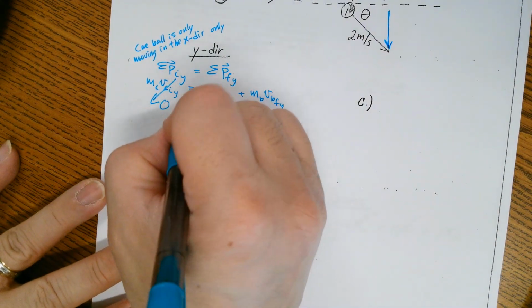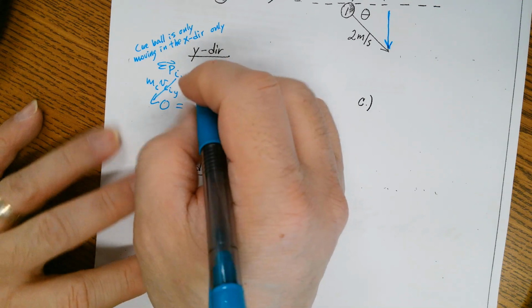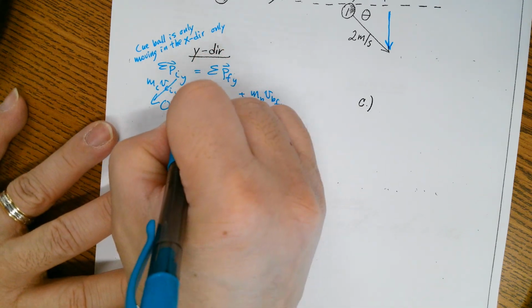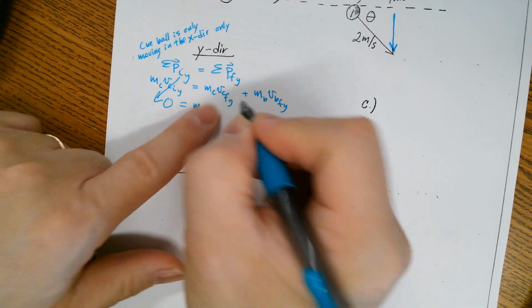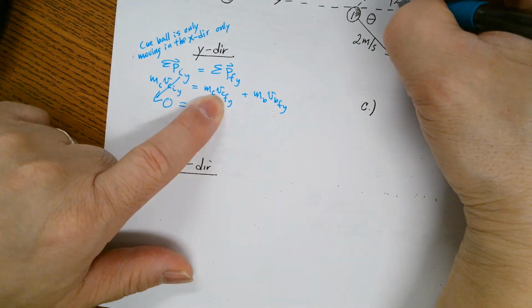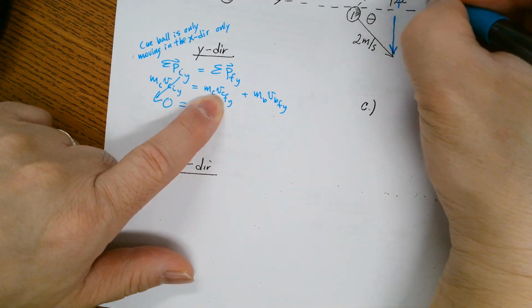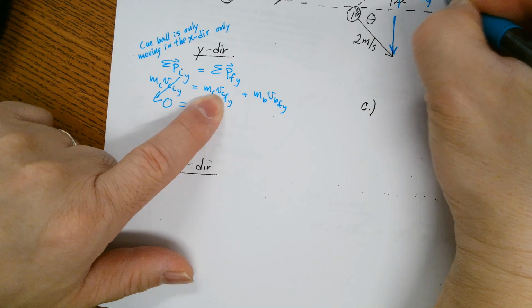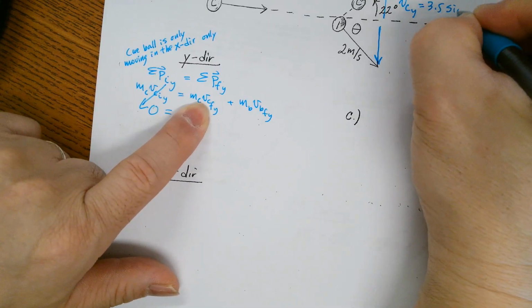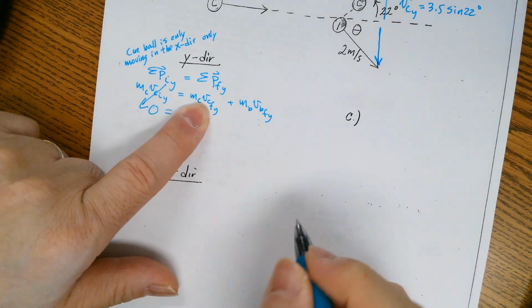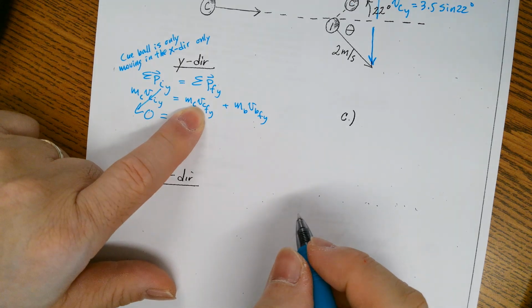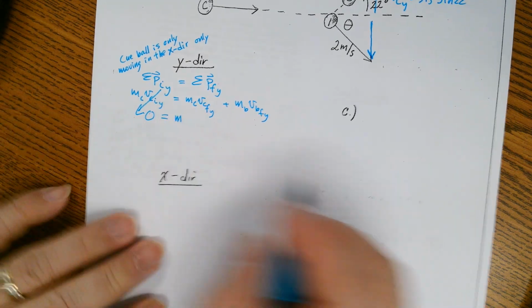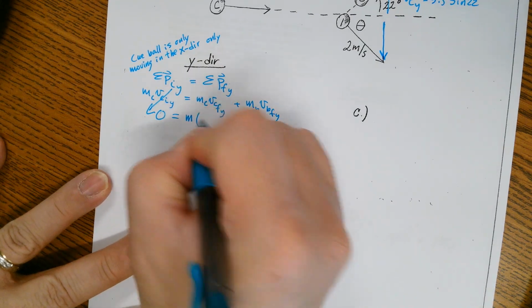So here we can say the mass times VCY is this. So VCY is 3.5 times sine of 22 degrees, right? So what is 3.5? Well, we could work it out, I guess.